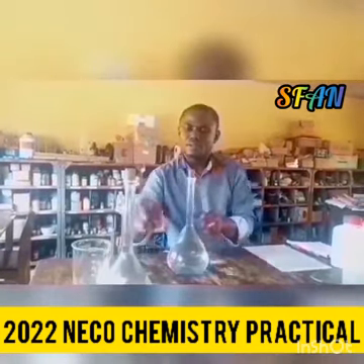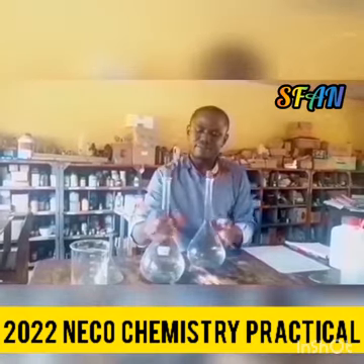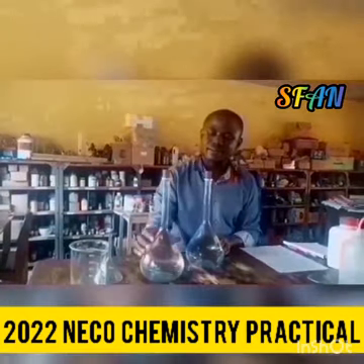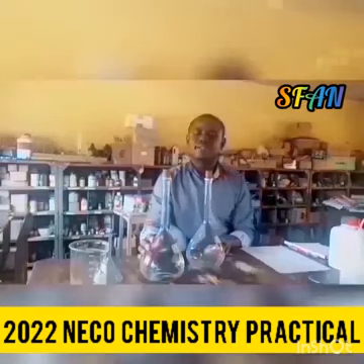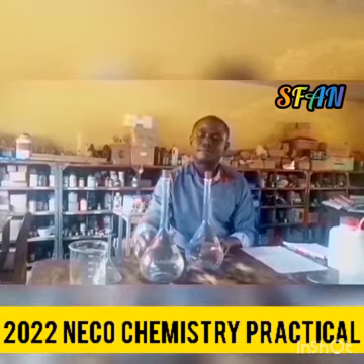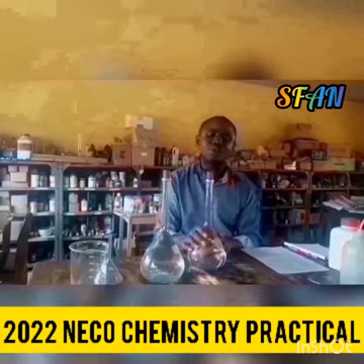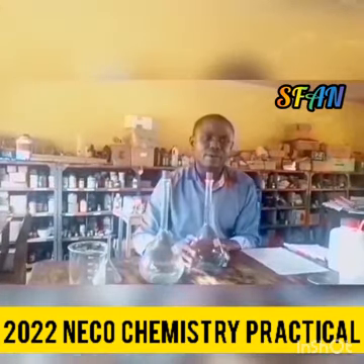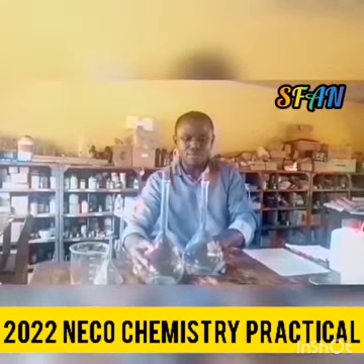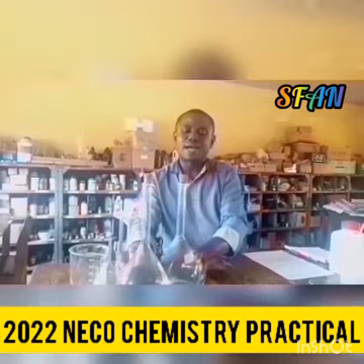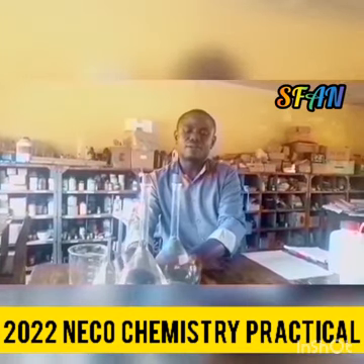So now see that I have my 9.5 cm³ of my trioxonitrate(V) acid in 1 dm³ here, and I have my 4.2 grams of sodium trioxocarbonate(IV) in 1 dm³. You are ready for the titration.